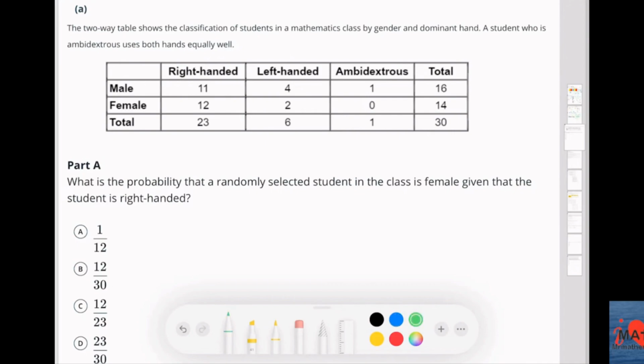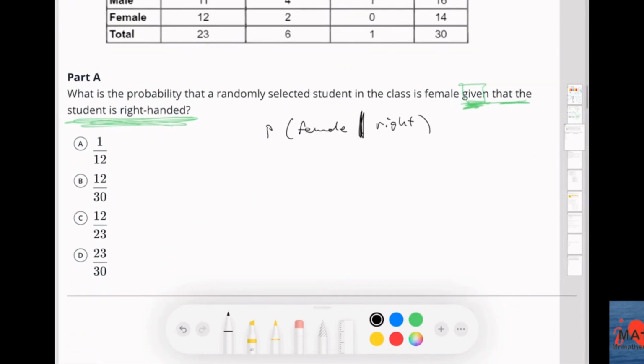Okay, given, keyword guys, given that the student is right-handed. So we would write this as the probability of female given that they are right-handed. What does this mean? For the right-handed, you're going to look at how many people are right-handed.